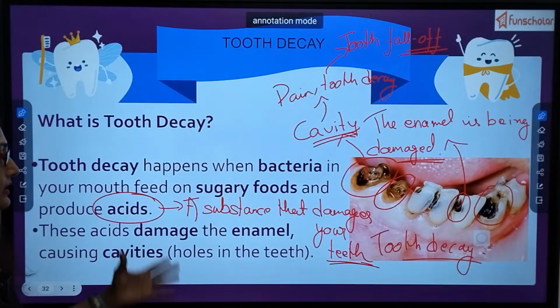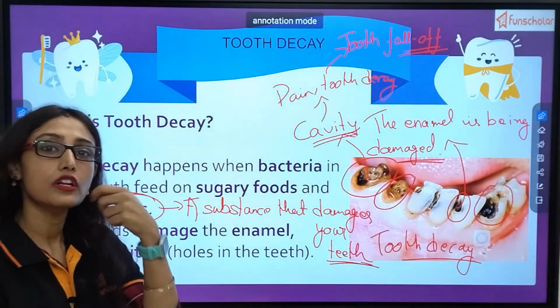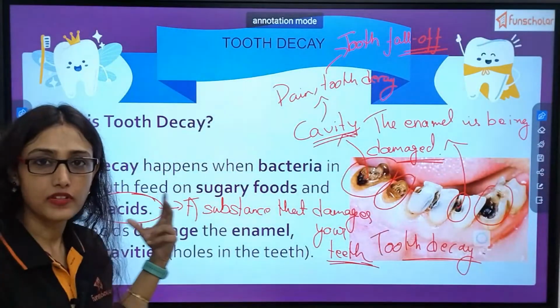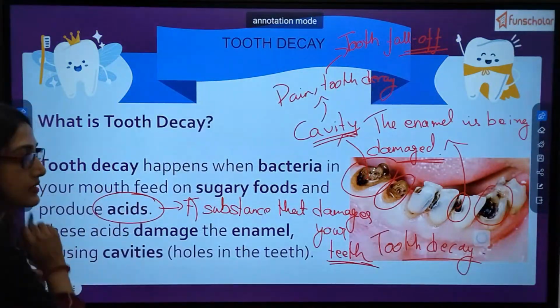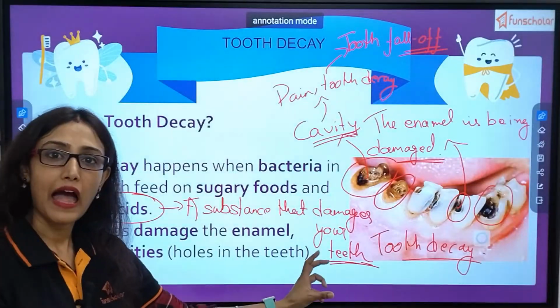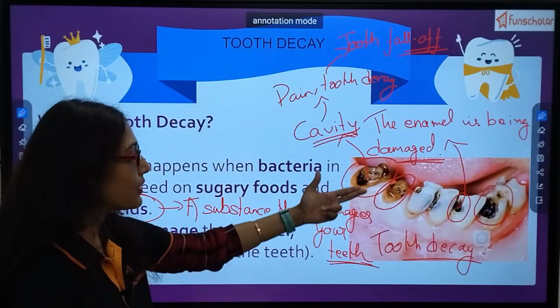So what will happen if you eat too much sugary products and you do not clean your teeth regularly? It will lead to the formation of a substance known as acid. Now, what is acid? It has the ability to damage your teeth. Clear? So with too much damage, what will happen?